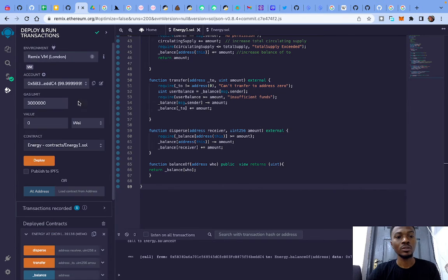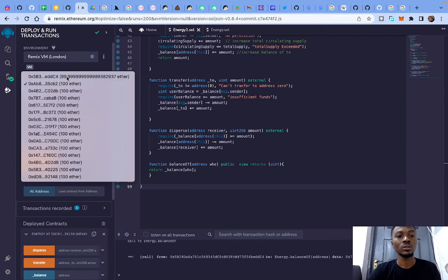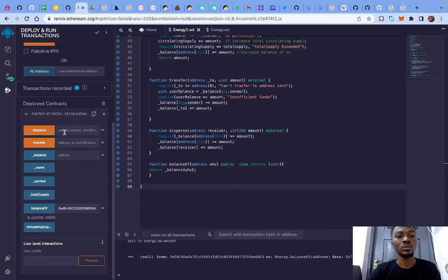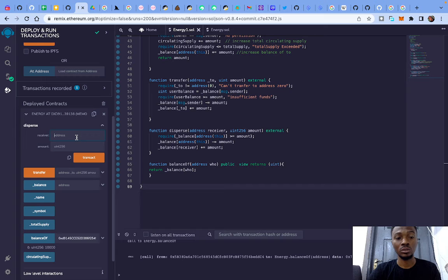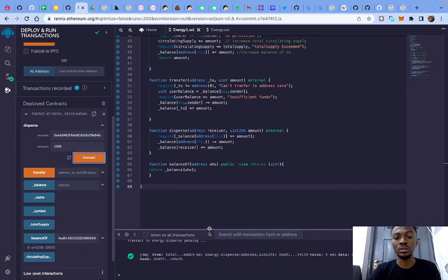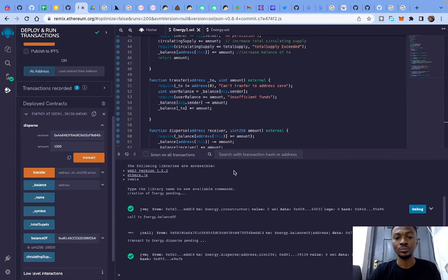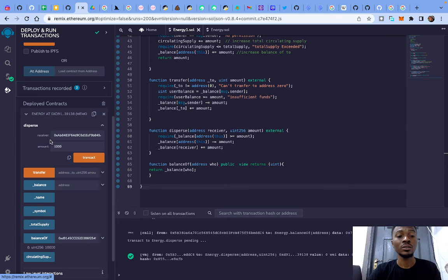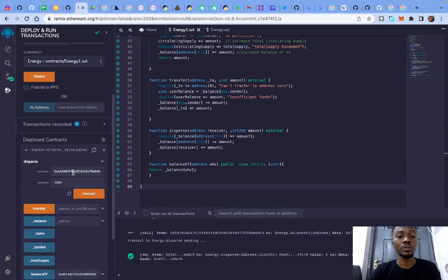So let's disperse some tokens to this company. Let's say I want to disperse just 1,000 tokens. Yeah, I send and it's here. The transaction is successful. So let us transfer from this person.